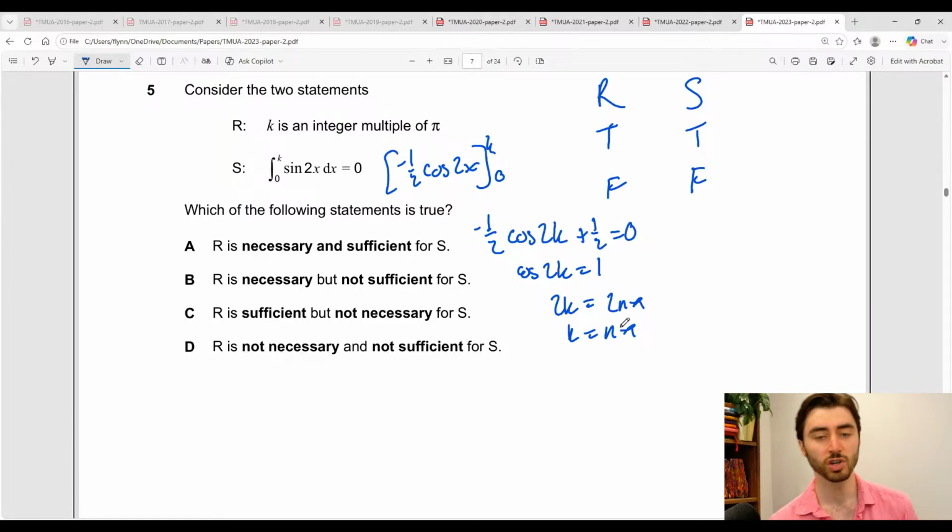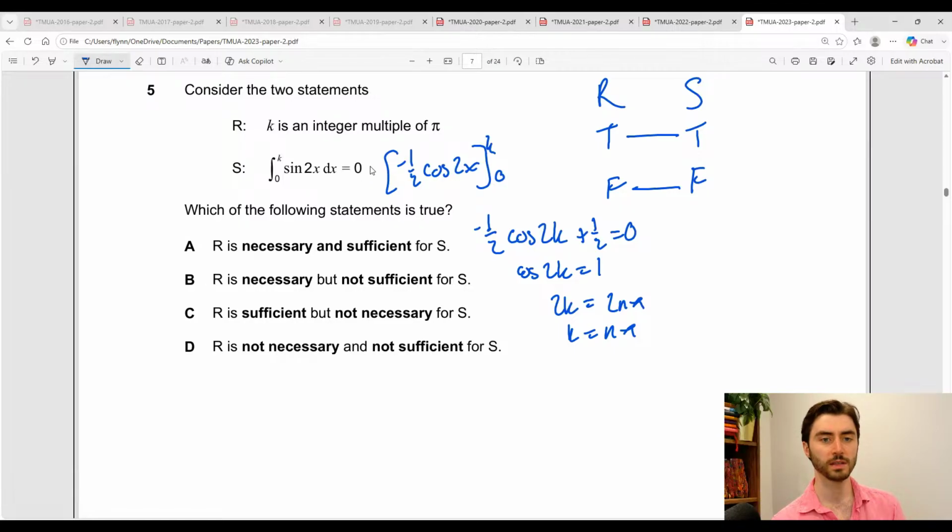So I certainly think if k is equal to n pi, true goes to true. I don't think true goes to false. False goes to false.